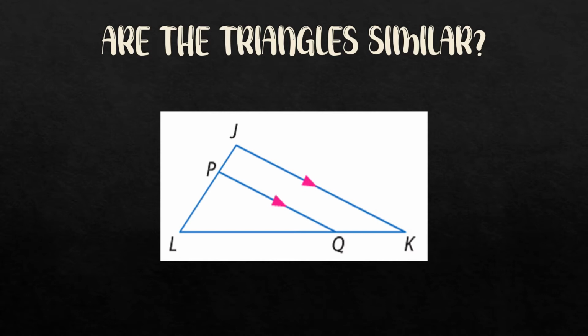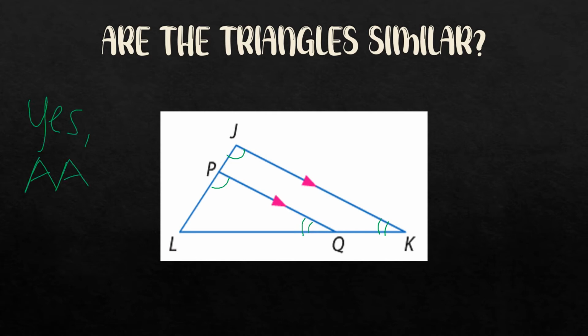Because the lines are parallel, angle J is going to be congruent with QPL because they're corresponding angles, and angle K is congruent to angle PQL also because they're corresponding angles. So since we have two pair of angles, then these triangles are similar by angle, angle.